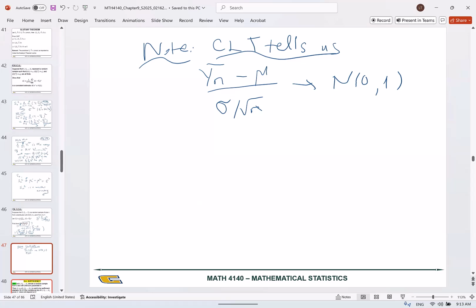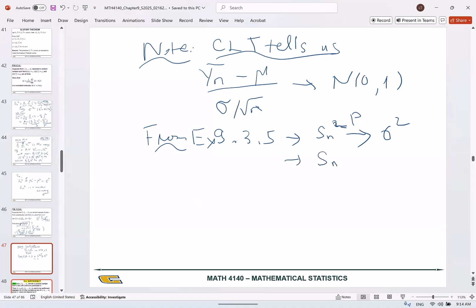And from example 935, we have Sn square converging in probability to sigma squared. Which means Sn by sigma converges in probability to 1, and you can use the continuous mapping theorem.